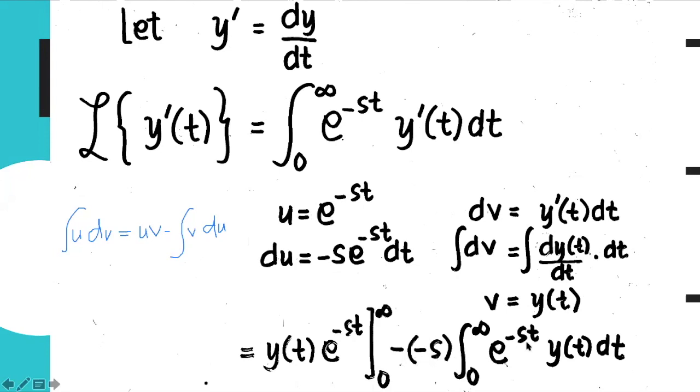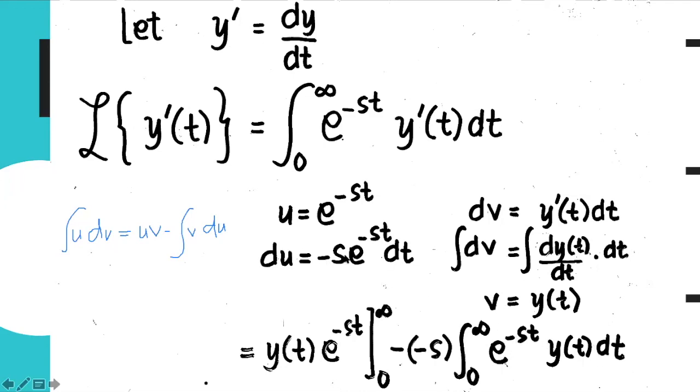Since we are to integrate with respect to t, s is held constant, so we put s before the integral sign here. And then we have negative s times e raised to negative st times dt.